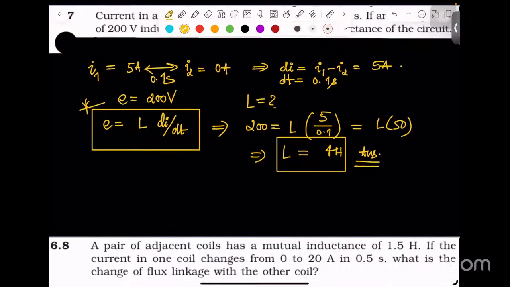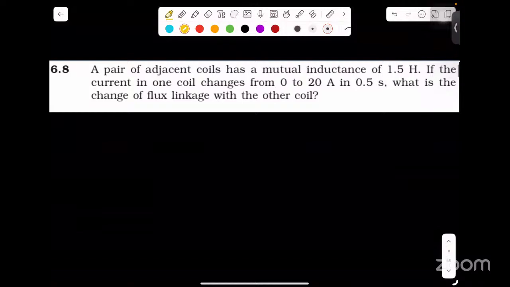Let's move on to the last question for today.